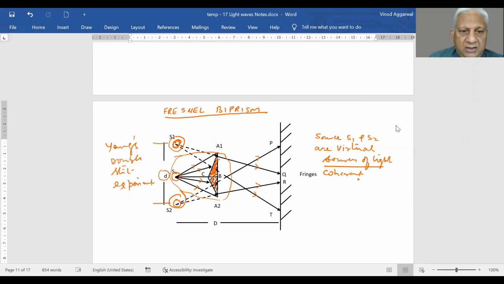And a screen, this screen is placed at a distance D. Yes, looks exactly like that. In fact, it will exactly behave like Young's double slit experiment without any change in treatment.